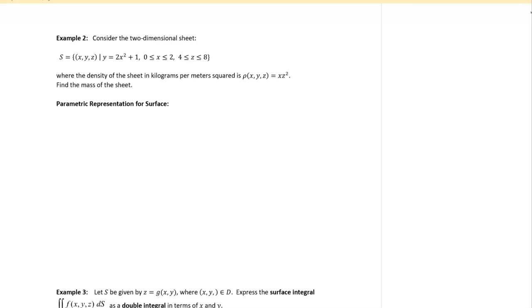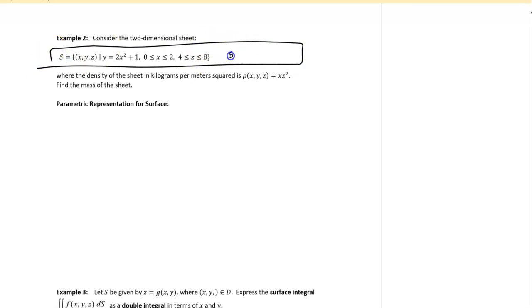So, folks, we need to find a parametric representation of our surface. So this is the surface. Don't confuse that with the density function rho. So if we have y equal something in terms of x, it might make sense for our parameterization to maybe be, let's call x u.